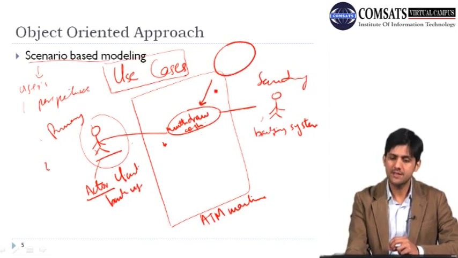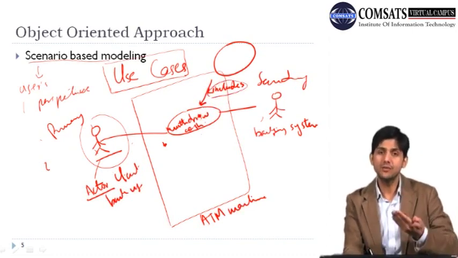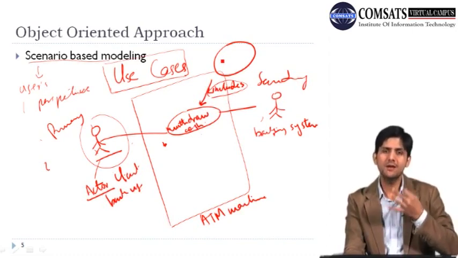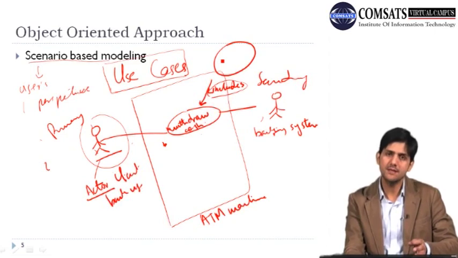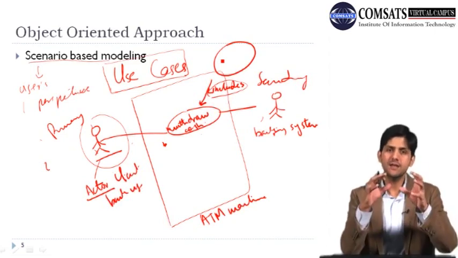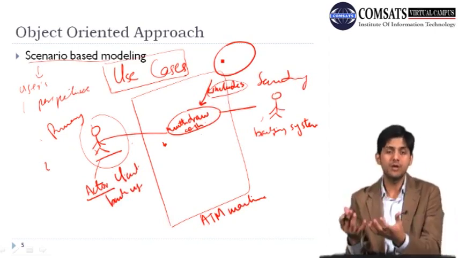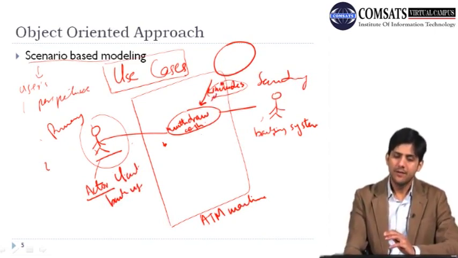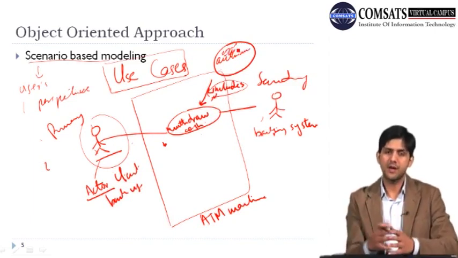For example, there is the include interaction that can be between two use cases, and we talked about why we use include, because at times there is some functionality which is repeatedly used by multiple use cases. So we can put it in one use case and say, because this is common to multiple use cases, we combine it and put it in one. For example, the authentication, and let's say the card checking and all those things, are basically handled by this use case.